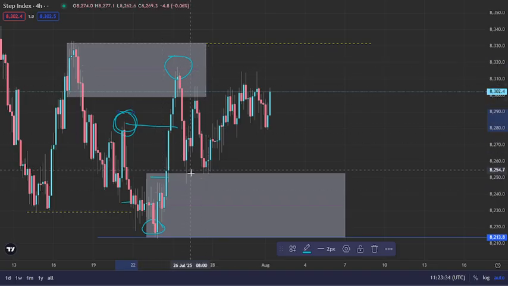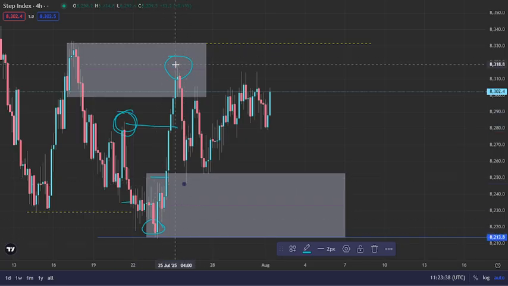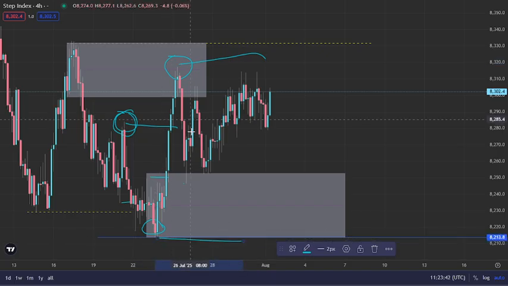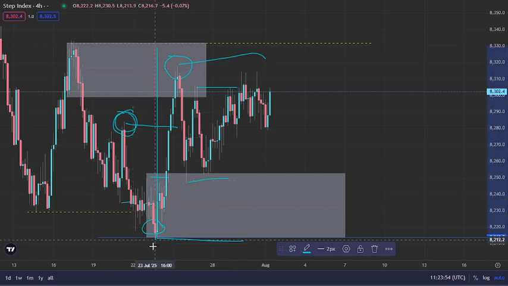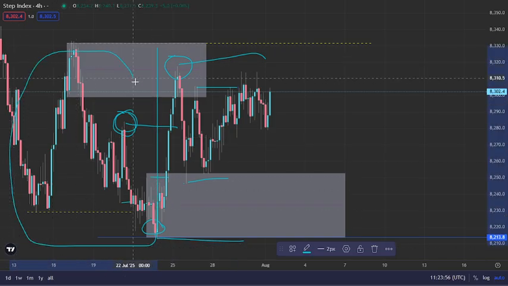We also had an internal structure here, right? Let's focus on what is happening here.